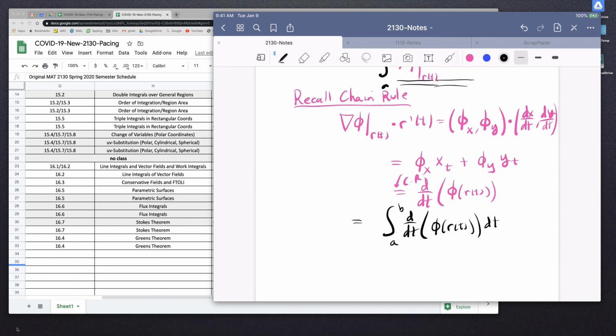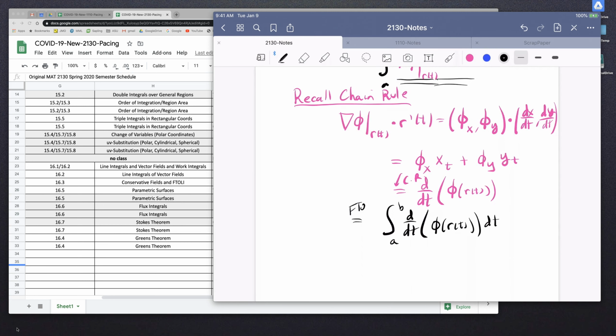Because we have the fundamental theorem of calculus from Calc 1, we can see that we're just integrating a function, some fancy function for f of t. And when you differentiate an integral or integrate a derivative, you get the function itself, phi evaluated at r of t, evaluated at the two endpoints.